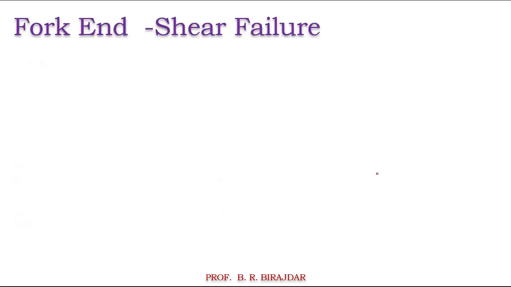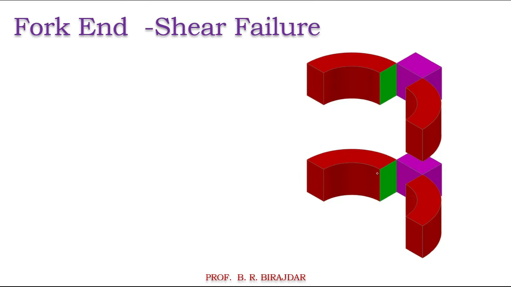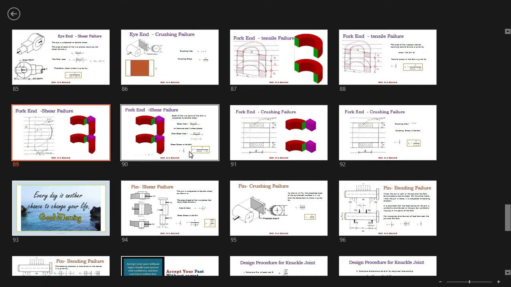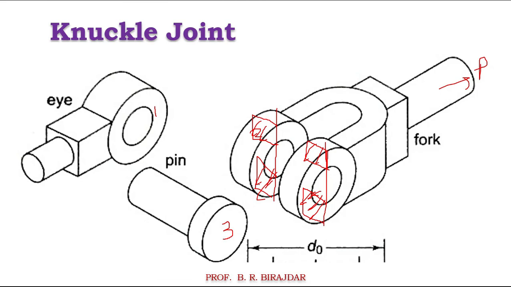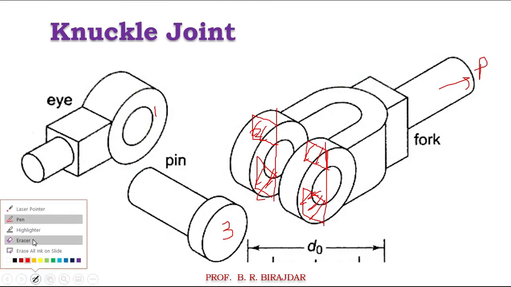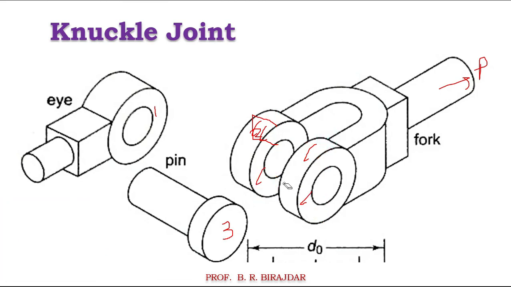Now we'll see the shear failure of the fork end. Again we will see the figure. Just now it was the tensile. Whenever there is a force, as there is a pin inside this, it may shear off, so this part will come outside.